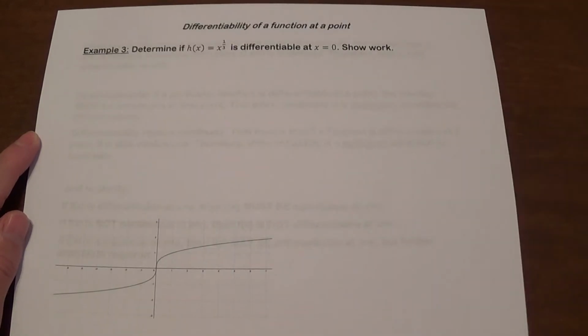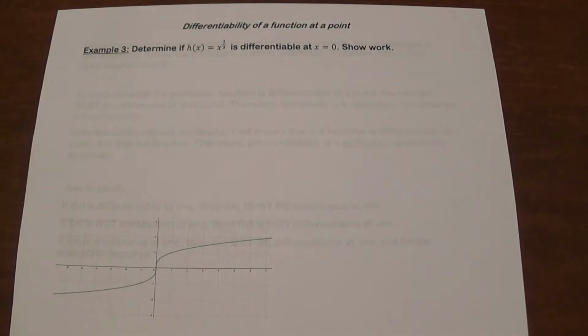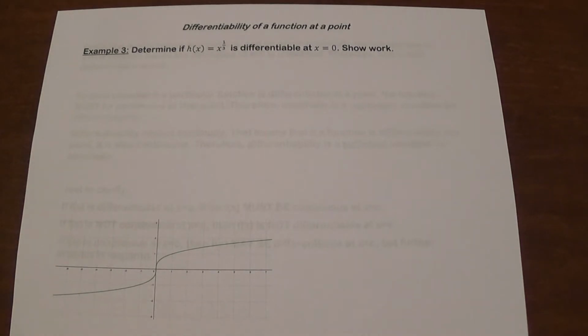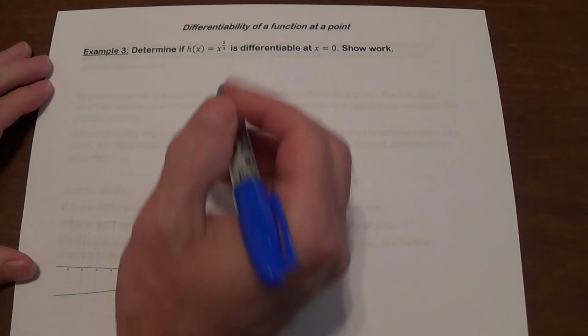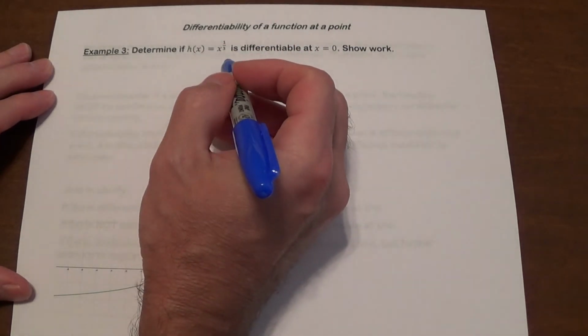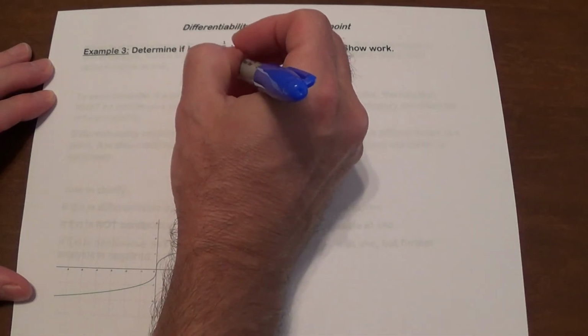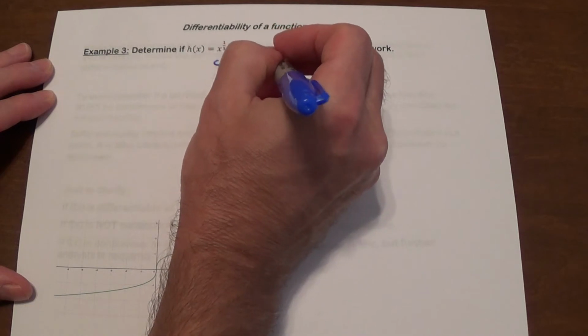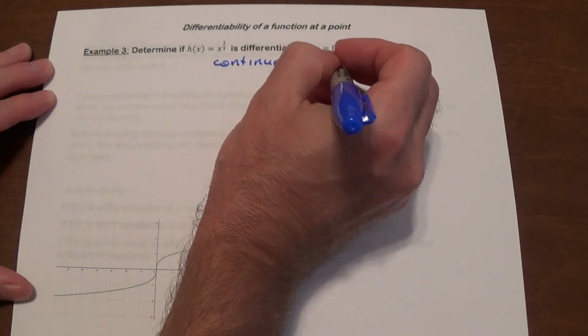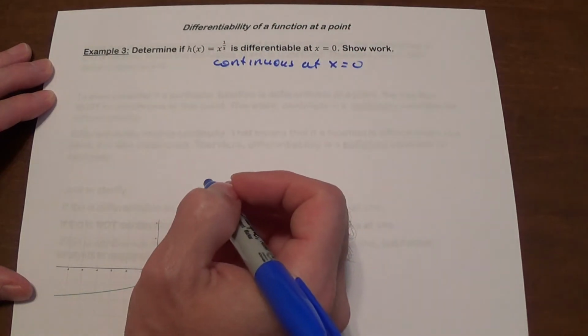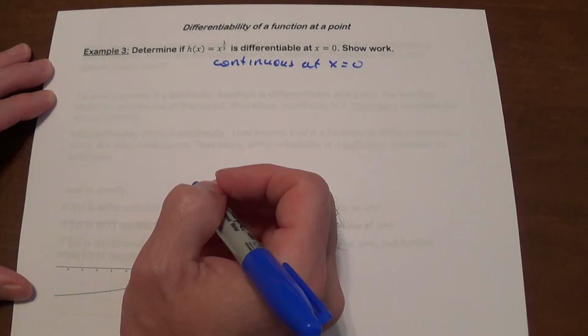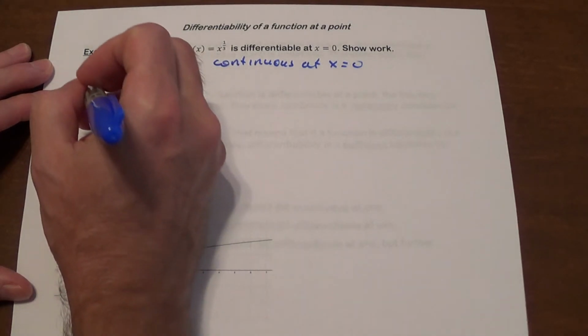Let's take a look. So here's our function, h of x equals x to the power 1/3. And we know this function is continuous at 0. So we can go ahead and do our work with one-sided derivatives.